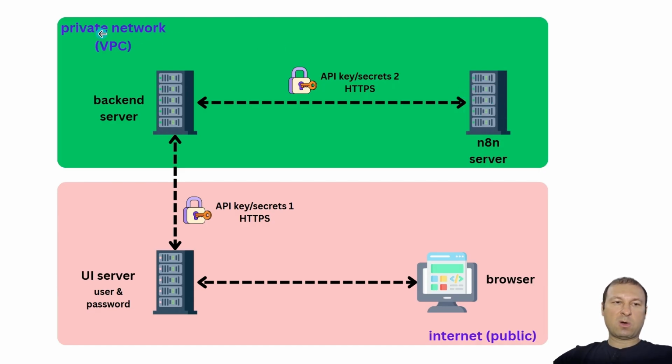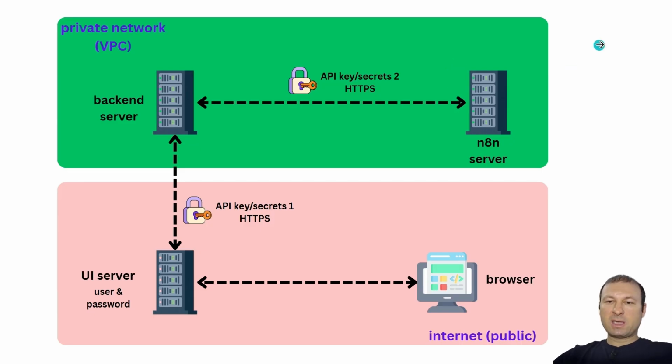It will be only in the VPC, and no endpoints of this n8n server will be publicly available. Like I said, only the mandatory backend APIs or resource endpoints of this backend server will be made available to the internet to be accessible in the browser. And that's it. Everything related to the n8n server is completely private.